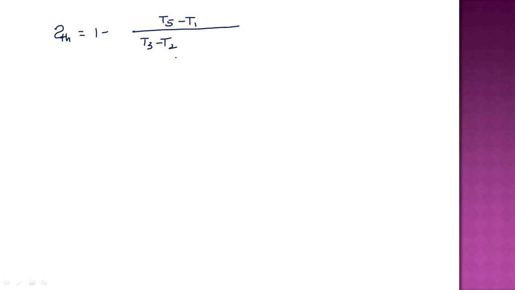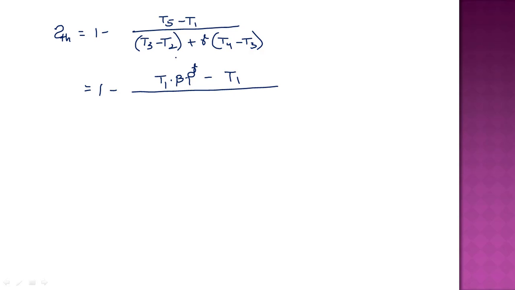Let us substitute the values here. 1 minus T5 is T1 into beta into rho power gamma minus T1, divided by T3 is T1 into RC power gamma minus 1 into beta, minus T2 is T1 RC power gamma minus 1, plus gamma, and T4 can be written as T1 RC power gamma minus 1 into beta into rho, minus T3 is T1 RC power gamma minus 1 into beta.